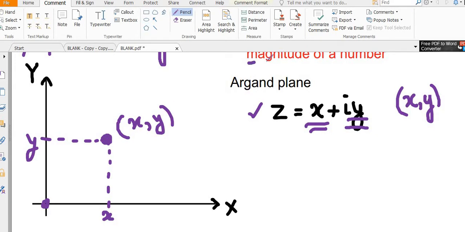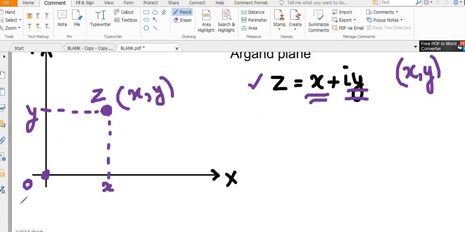Here magnitude, I can interpret it in this way: how far is this purple point, let's call this point z with respect to the complex number that we had considered, from the origin O?